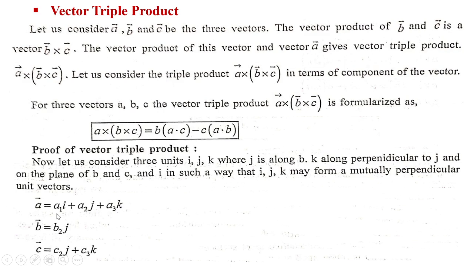So A bar equals A1I plus A2J plus A3K, B bar equals B2J, and C bar equals C2J plus C3K.